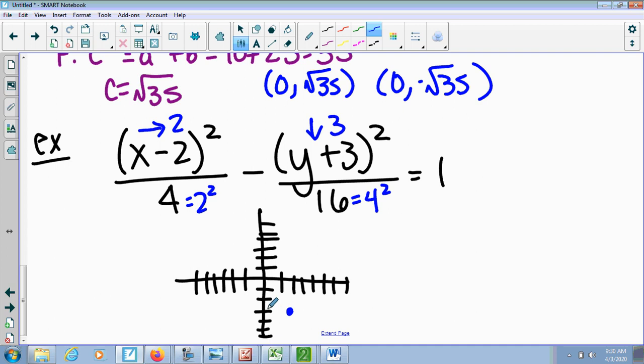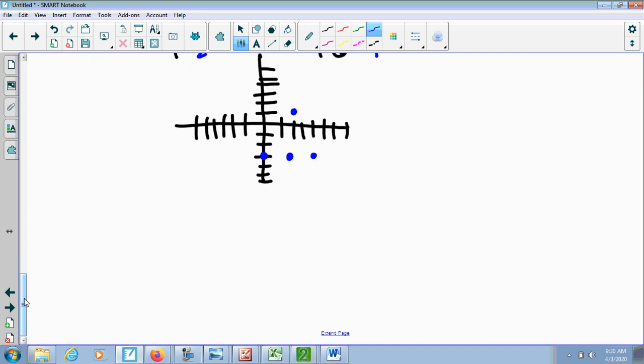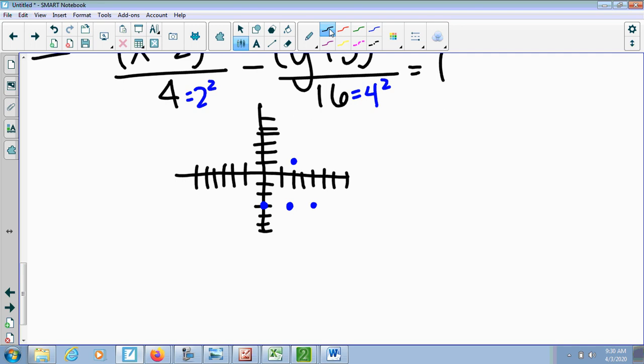So 1, 2, 1, 2. Y direction, 4 up and 4 down. 1, 2, 3, 4. 1, 2, 3, 4. We draw our rectangle.